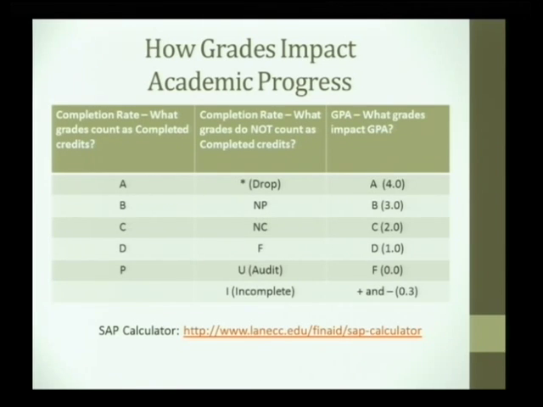The way the policy reads is that a faculty member can give a grade of incomplete if about 75% of the work has been completed. If you get an incomplete, the intention is that you're going to complete that coursework and have a grade change. But until you have that grade change, it will count as not completed credits.